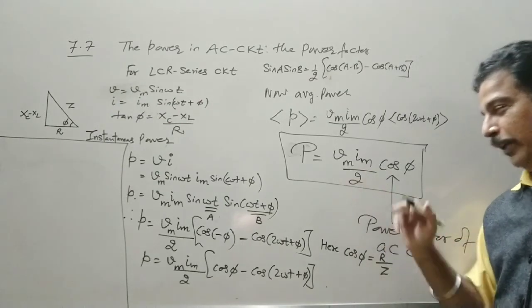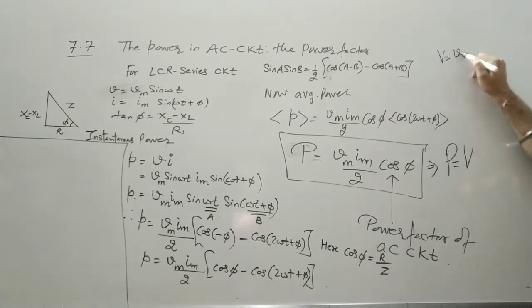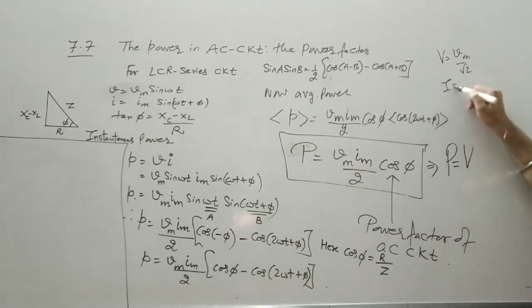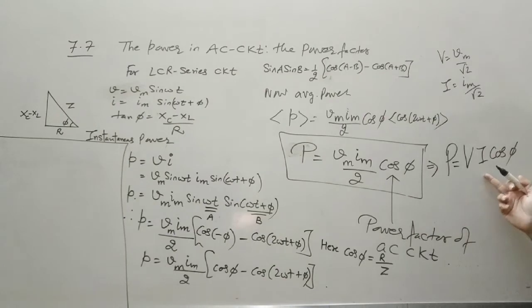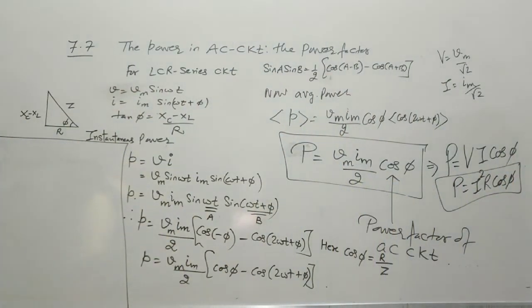You take this root 2 by this, that is, I can write this formula as P is equal to capital V, that is actually RMS. Capital V was equal to Vm by root 2, capital I was equal to Im by root 2, that is the I RMS value. So P is equal to VI cos of phi. Now using Ohm's law, I can also write P is equal to I square R cos of phi.